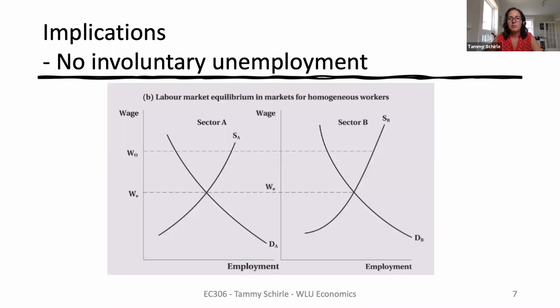This model also implies that there is no such thing really as unemployment, at least not to the extent that people are searching for work at the offered wage rates. So at the market clearing wage, everyone willing to work at that wage rate is able to find a job. In this diagram, for instance, at W0, there are certainly more people who are willing to work up at that supply curve. But when we look at the demand for labor at W0, there aren't enough jobs available.